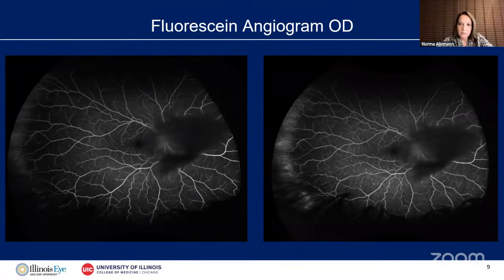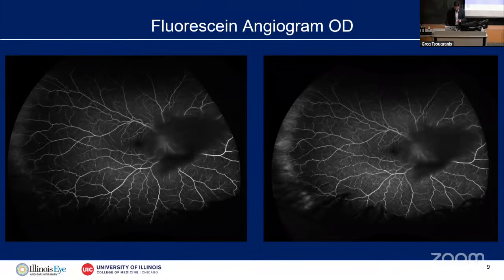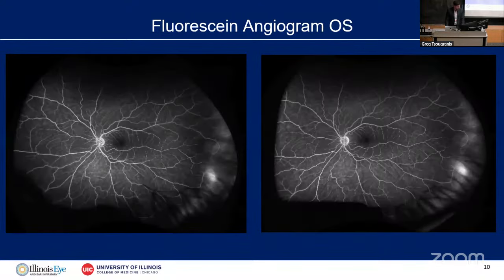So basically what we see here is this area of hypofluorescence consistent with blocking. So that corresponds to that area of vitreous condensation. Here's the left eye. That's grossly unremarkable.